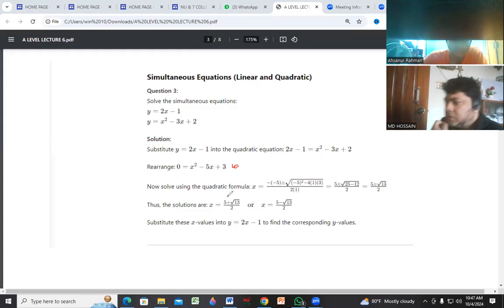So if we cannot apply middle term factor, then we have two options, right? Number one is b squared minus 4ac, and another is minus b plus minus root of b squared minus 4ac divided by twice a.